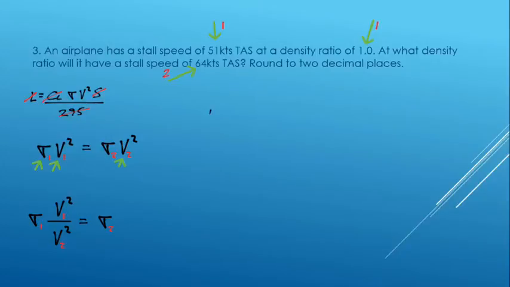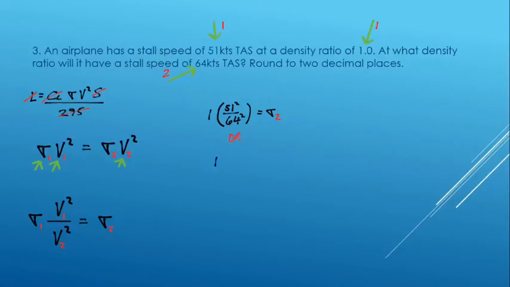Plug in values. So density ratio is 1 in the original condition times velocity of the first condition squared divided by the velocity of the second condition squared.